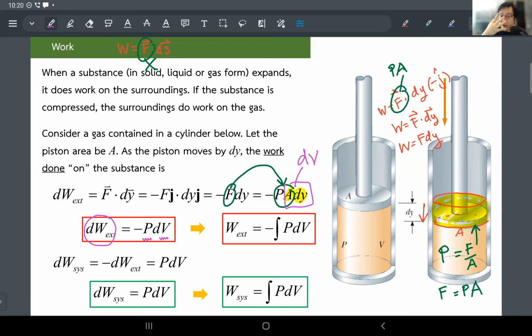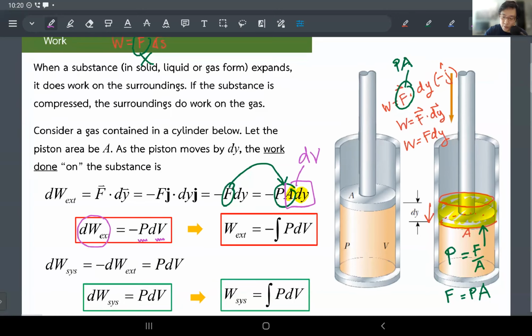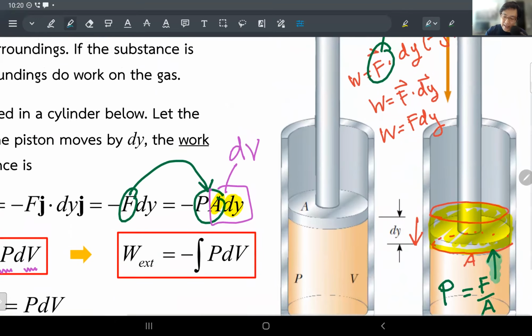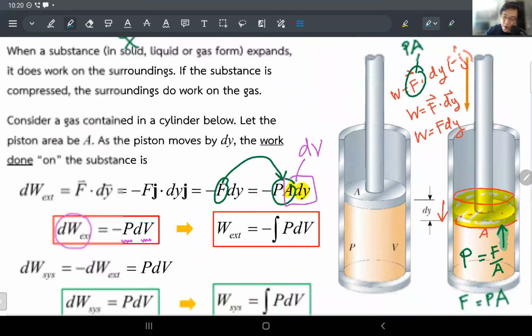All right. But now here comes the problem a little bit. Don't worry about the signs and the stuff that I'm writing here, because I think looking at the argument I'm about to explain will make it a little bit better, I hope. Look at this one. The pressure I'm looking at has an arrow pointing up, but the force that I'm acting on the gas is actually pointing down.